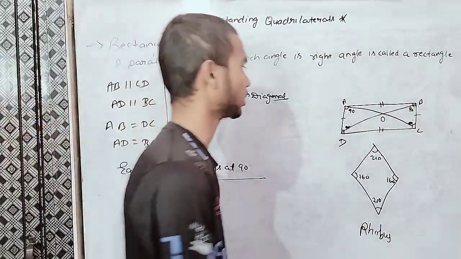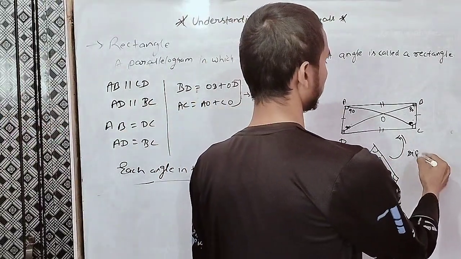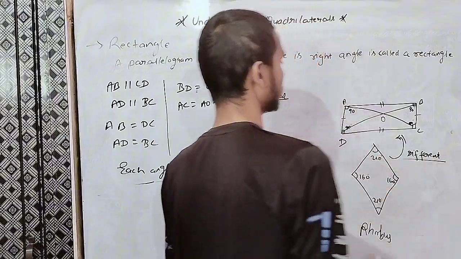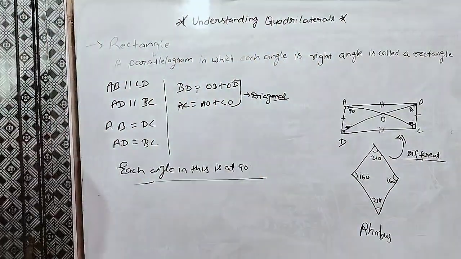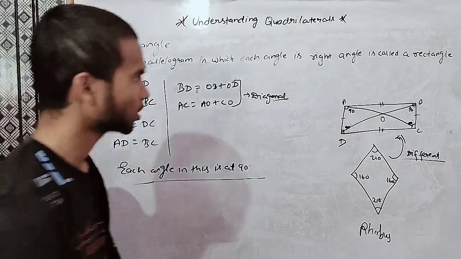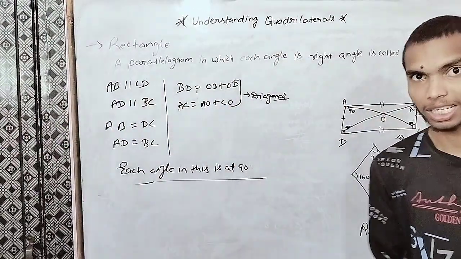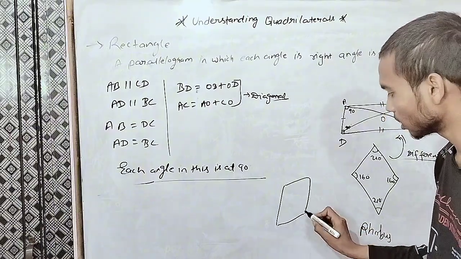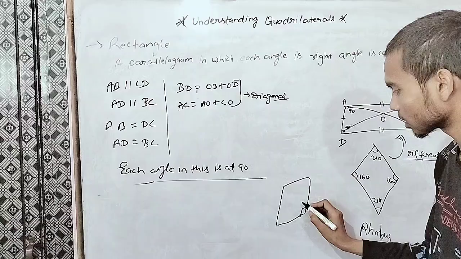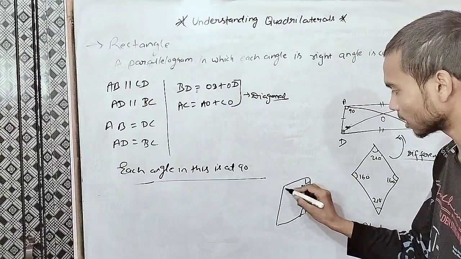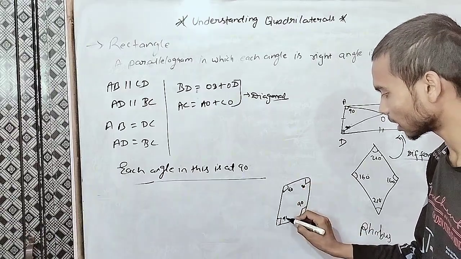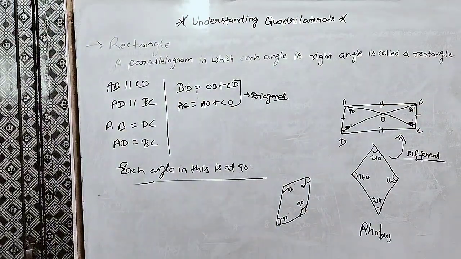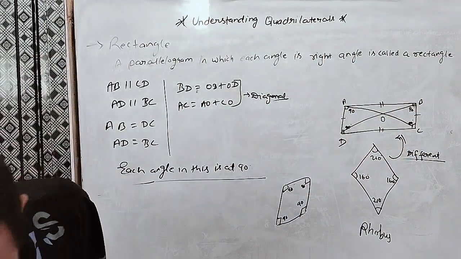In this case, it is different as compared to this. This is the difference between them. Okay? Do you understand? In a square, each angle also makes 90 degrees, but we are not talking about a square now. Just look at this for a few seconds.